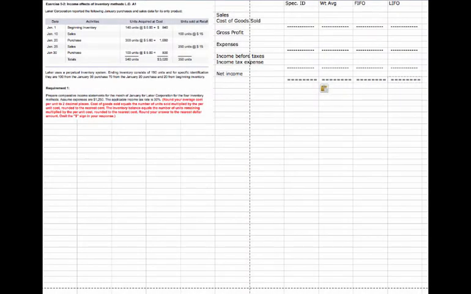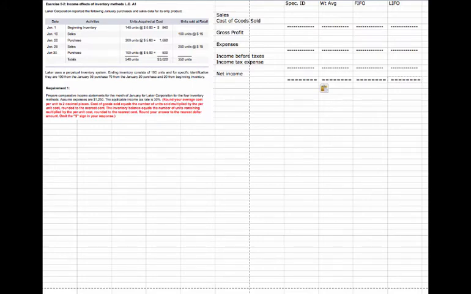Our first inventory exercise that we want to show you is the comparison between the 4 different costing methods using a perpetual inventory system. So we have specific identification, weighted average, FIFO, and LIFO. Under here, we say Laker Corporation reported the following January purchases and sales data for its only product.